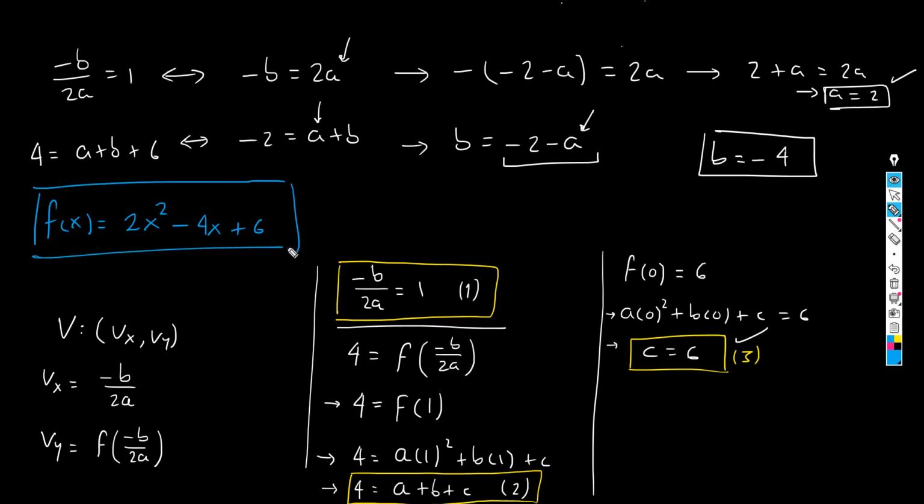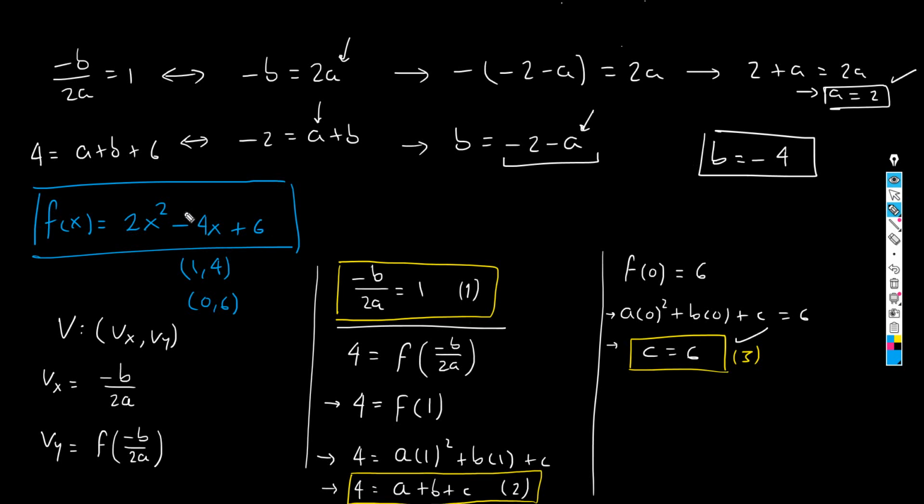This is my function. This is the function which has a vertex in, what did we say? (1, 4), and that goes through the intercept (0, 6). 2x squared minus 4x plus 6. And we did every single thing in an analytical way.